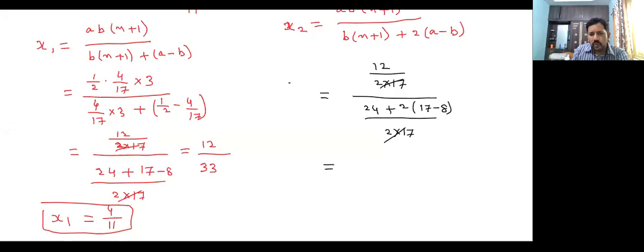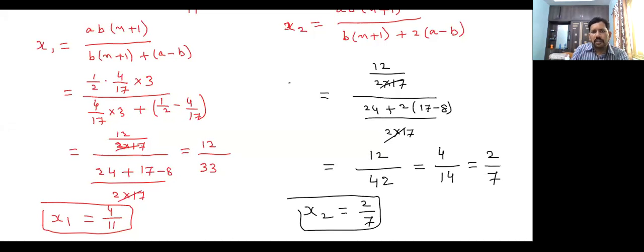Now remaining 12 divided by, 9 2s are 18, 18 plus 24, 42. Now 3 4s are 12, 3 14s are 42, that is 2 by 7. So finally the x2 value is 2 by 7. Now see the options, then you will understand which option is correct. Which option is correct?